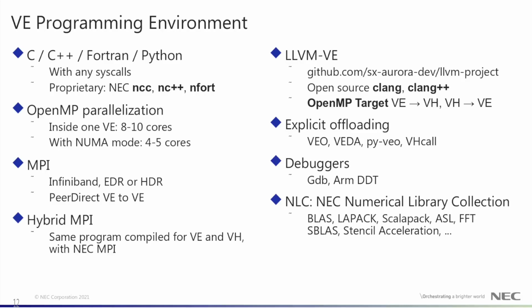MPI can also be used, of course, to parallelize across larger clusters over InfiniBand with peer direct VE to VE transfers. There is also a hybrid MPI, a truly hybrid MPI that supports MPI between processes running on the vector engine natively and on the vector host.